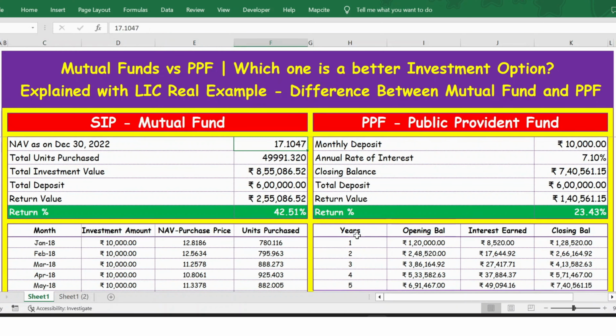Again, it all depends on what kind of investment you want to do, whether you want to take more risk. In that case, SIP is a better option compared to PPF. Or if you want to be secure, ensure that the return is permanent and your fund is secure, and you don't need much liquidity, in that case PPF is the better option.